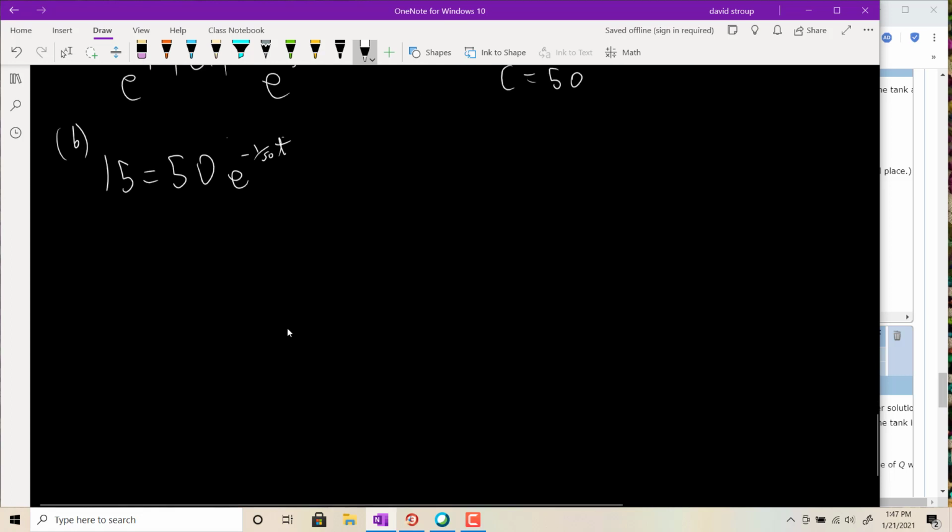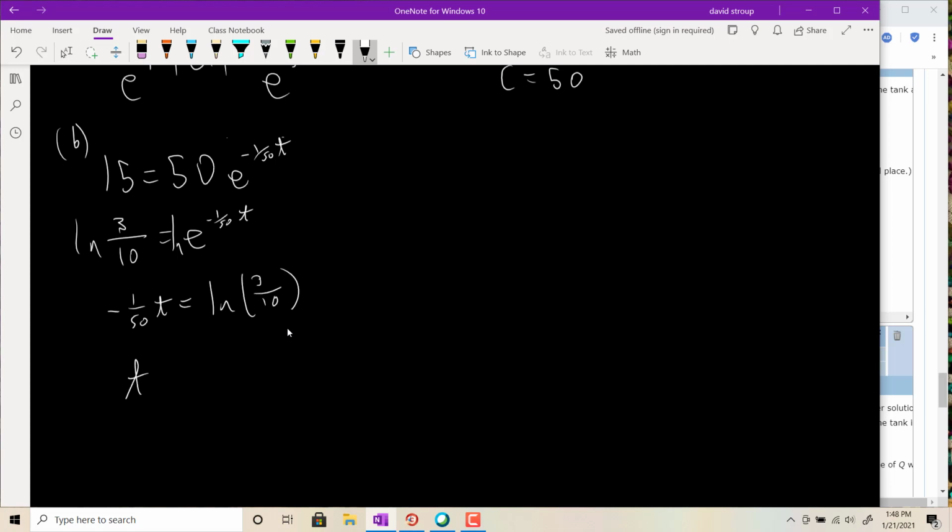So 15 over 50 is 3 over 10. Take ln on both sides. Negative 1/50th t equals ln of 3/10.